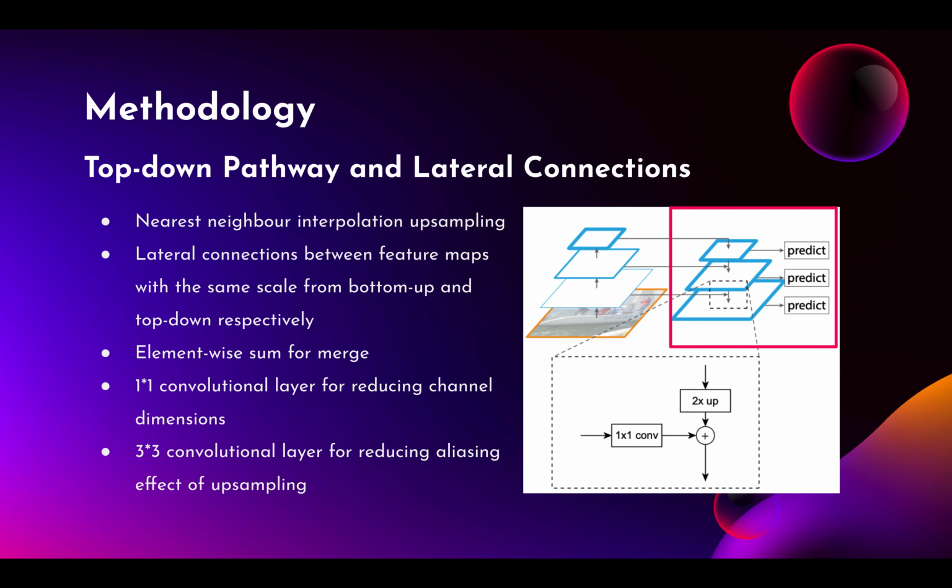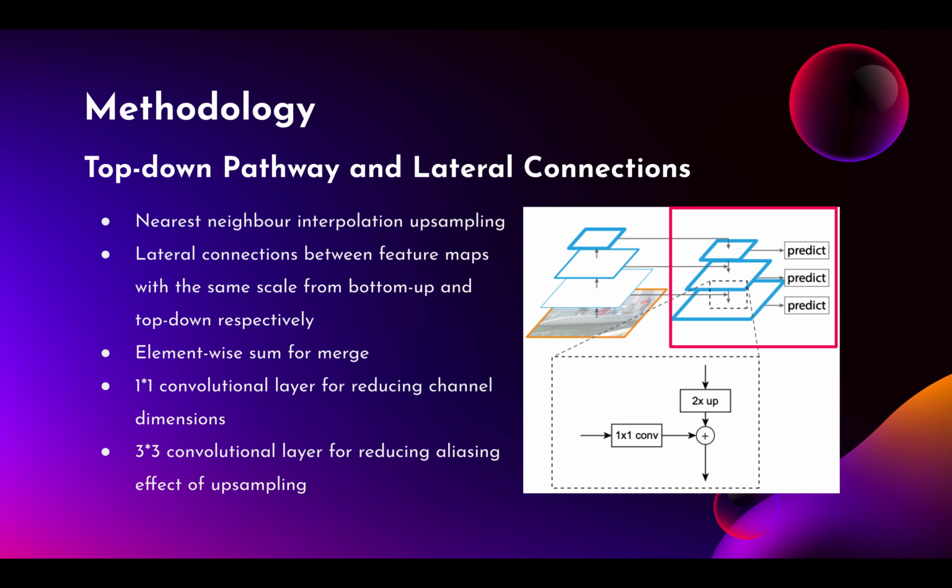Note that each lateral connection merges feature maps with the same size from the top-down pathway and the bottom-up pathway respectively. The merge operation is achieved by element-wise summing the feature map from the bottom-up pathway after a one-by-one convolutional layer for reducing channel dimensions, and the upsampled feature map from the top-down pathway.